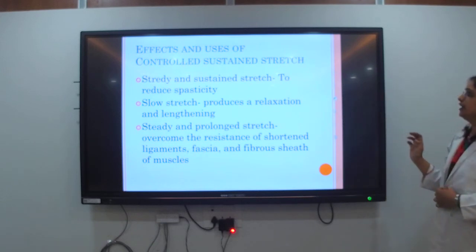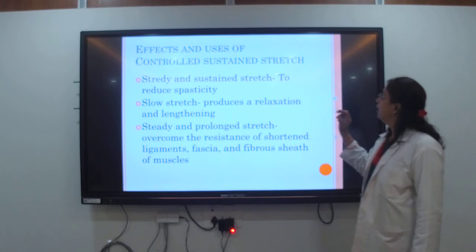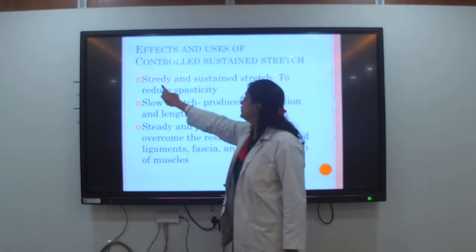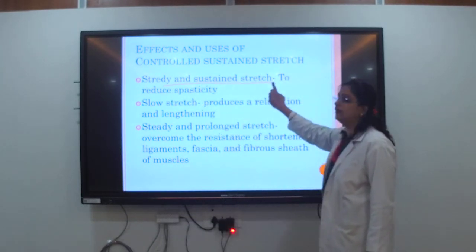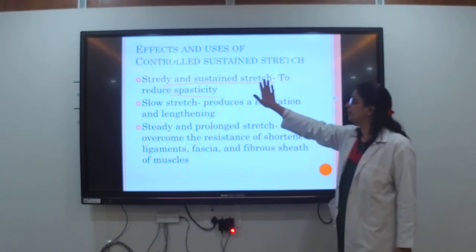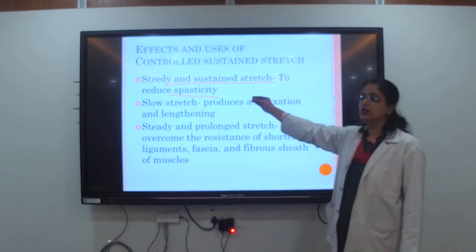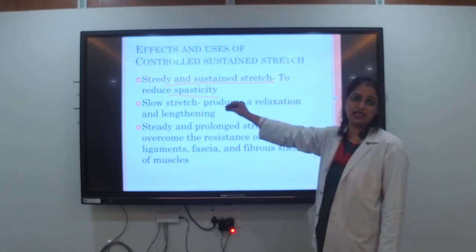The effects of this sustained controlled stretching are, when you are giving a steady and sustained stretch, it will reduce the spasticity. This kind of stretch you can give in pediatric patients who are suffering from cerebral palsy.